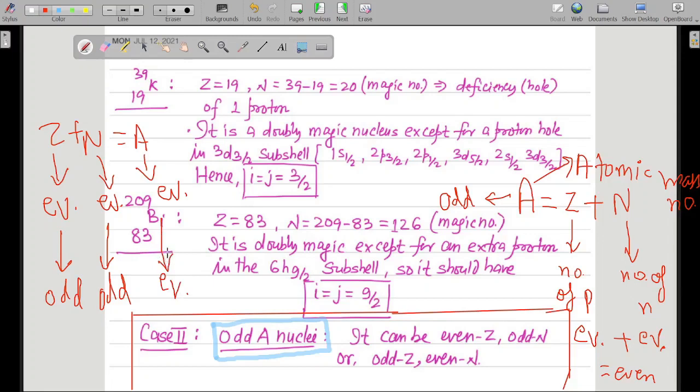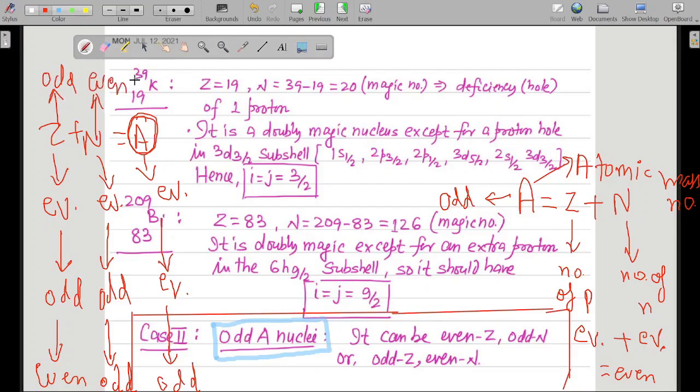So only two cases are possible if we want the atomic mass number A to be odd. If Z is even, then N must be odd; only then will the sum be odd. And vice versa is also true: if Z is odd, then N must be even; only then will odd plus even be equal to odd.